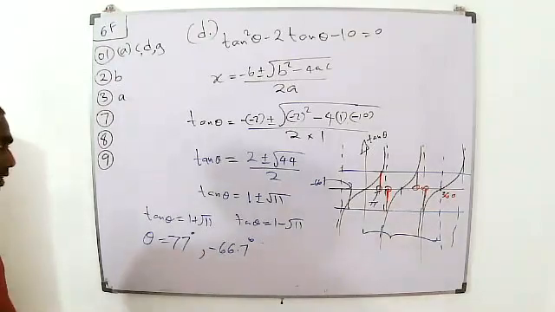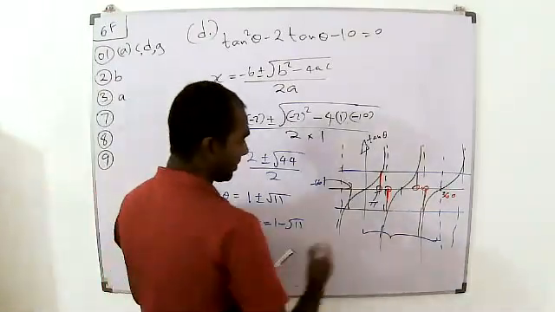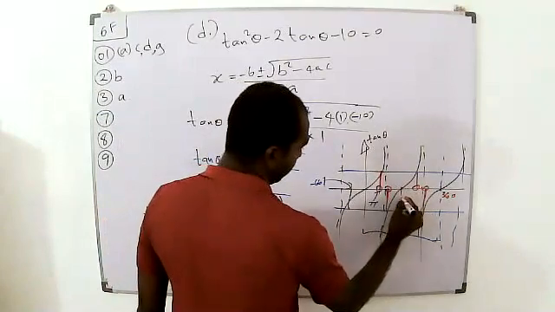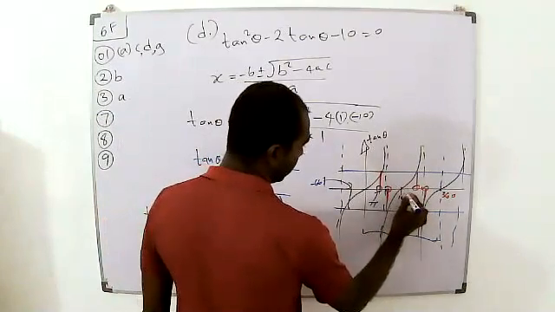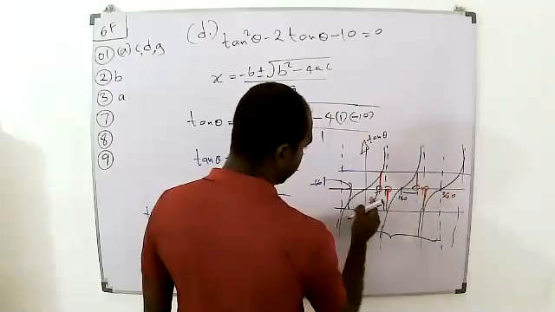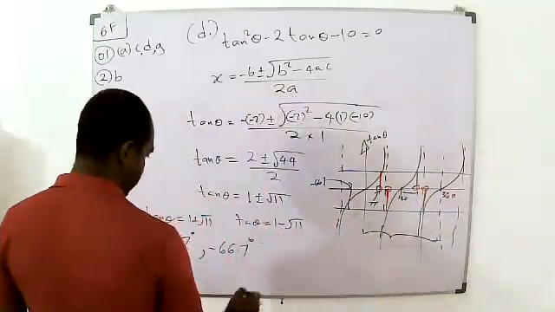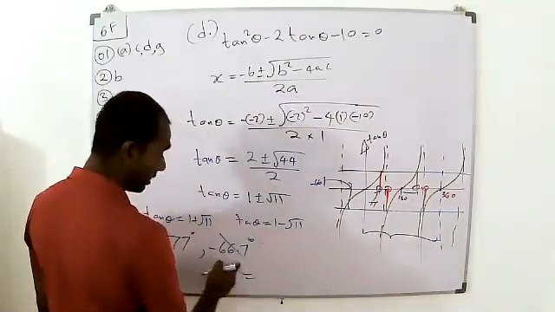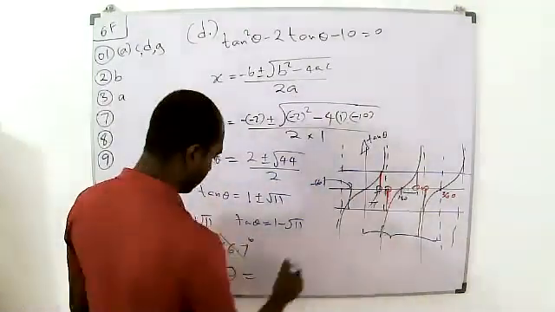How can we identify those? One is from this one you can take, and here same gap. How much is this value? It is 180 degrees. So 180 plus this 77 degrees. So actually theta should be equal to how much? We can't accept this one, but it is helpful for us to find the other values.